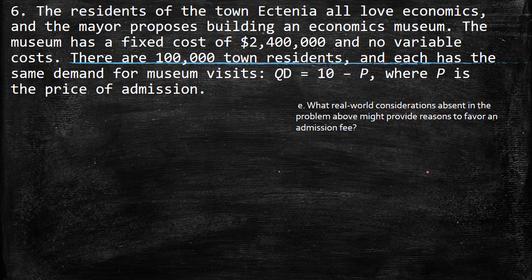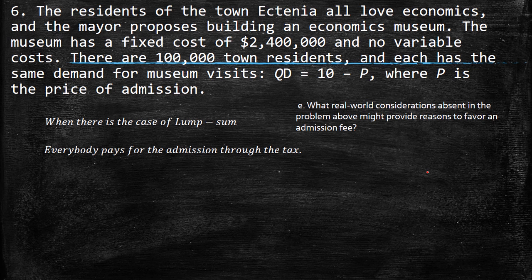Then the last one, I guess: what real world consideration, absent from the problem above, might provide reason to favor an admission fee? So the point is, when there is a case of lump sum, you are assuming that all people have the same preferences, so all people go to the museum with the same intensity, when at the end of the day everybody pays for the admission through the tax.